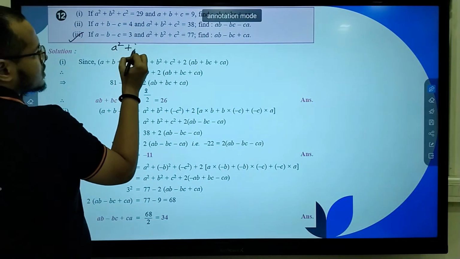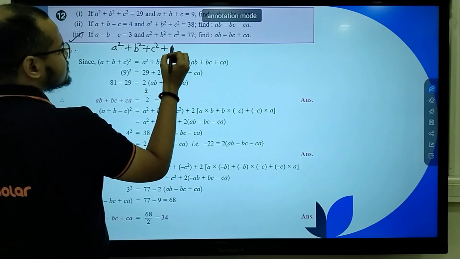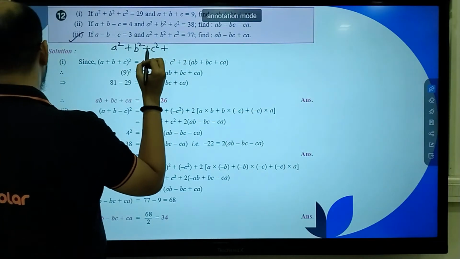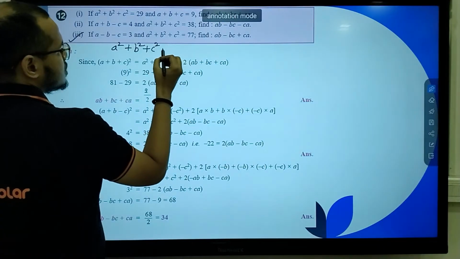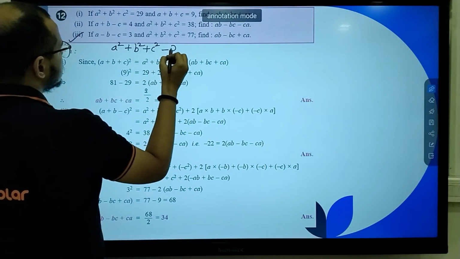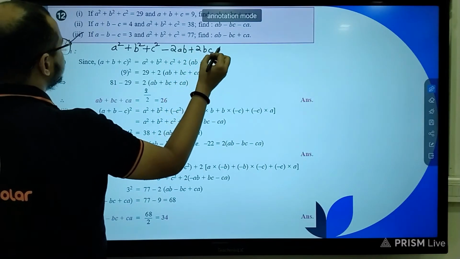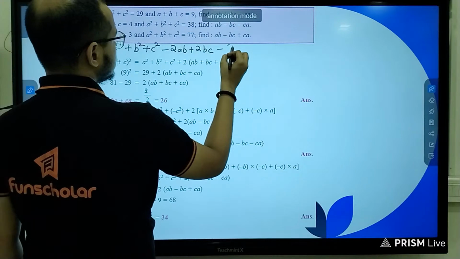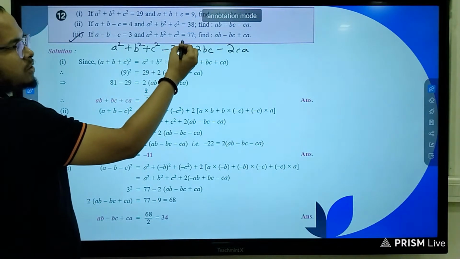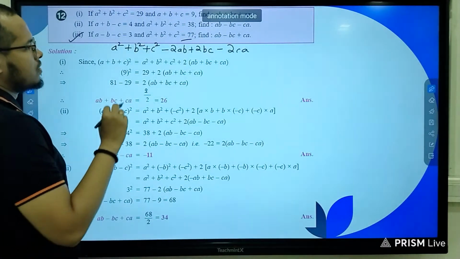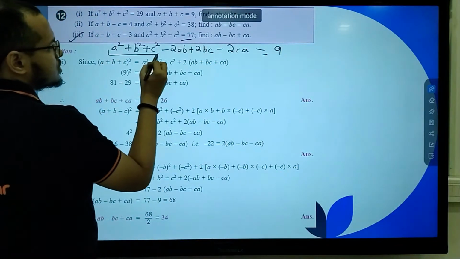A square plus b square plus c square, this will be minus 2ab plus 2bc minus 2ca. Now a plus b plus c has a value of 77, that is already given. So this is equal to 9, right? So this is equal to 77.